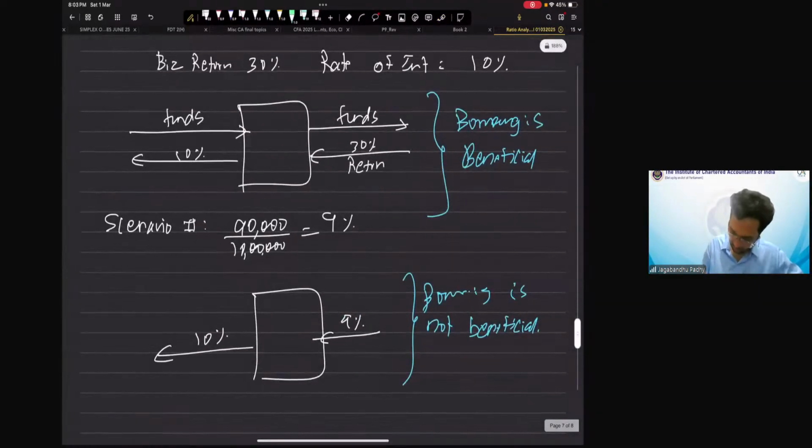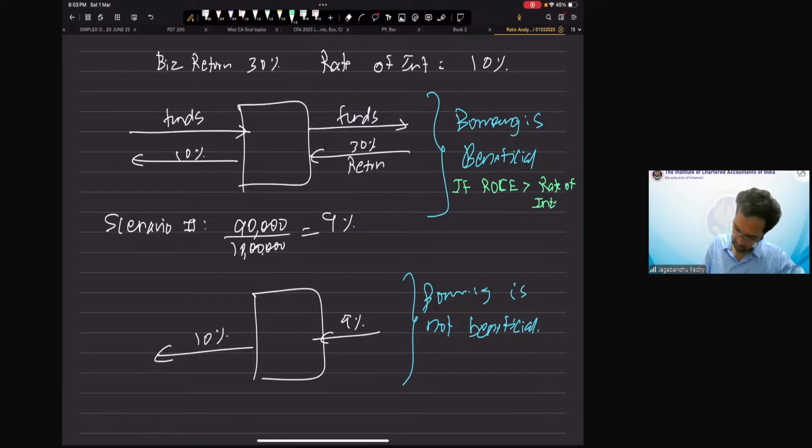So we can definitely say borrowing is beneficial if return on capital employed is greater than the rate of interest.